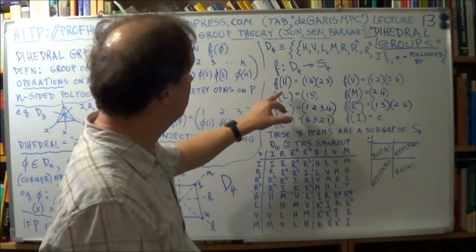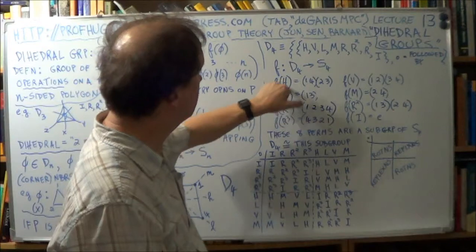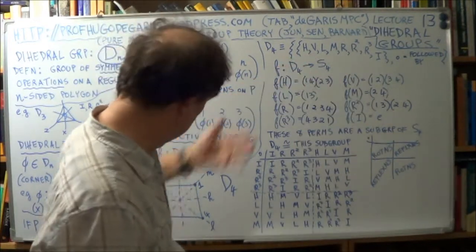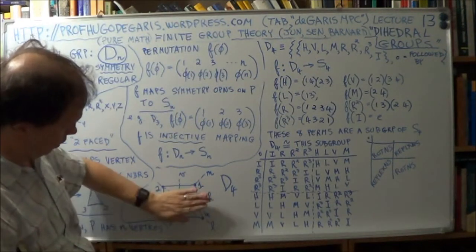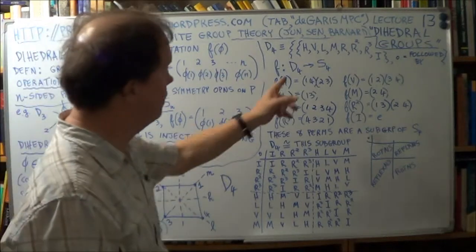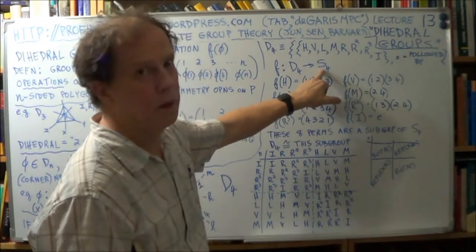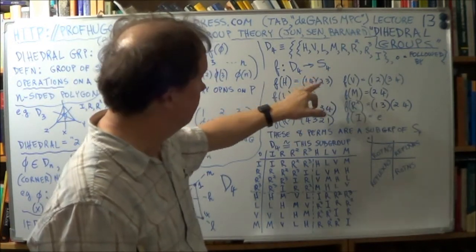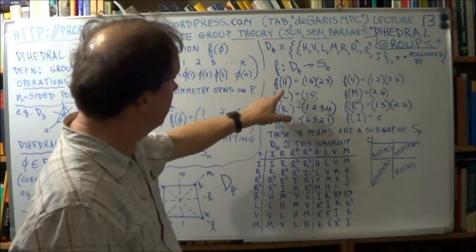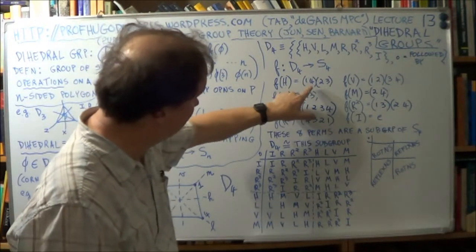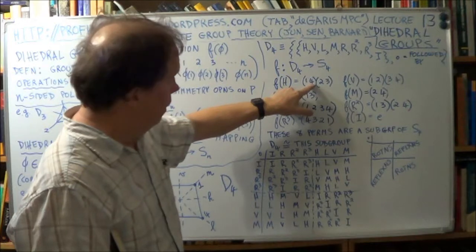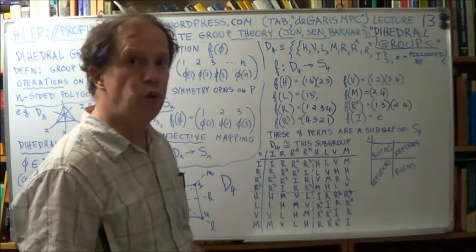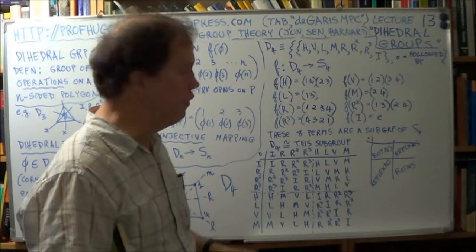Okay. So what is the symmetry operation H? This operation. What does that map into in terms of a permutation? Right? It's the product of 2 transpositions.